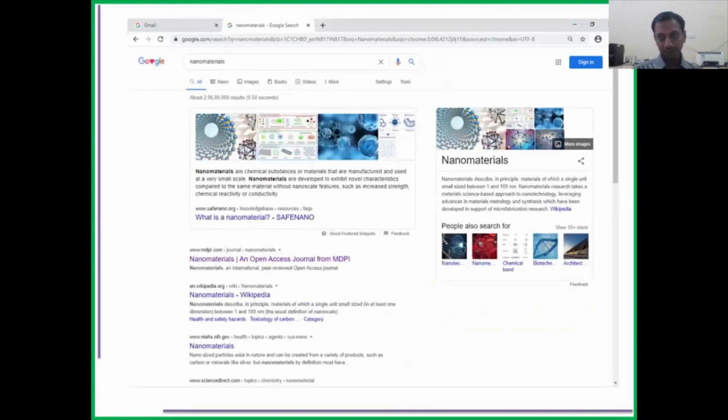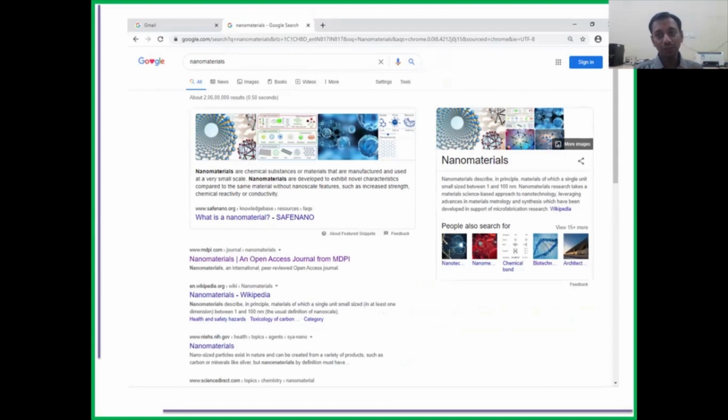Now I am going towards the nanomaterials. As we have seen many examples, it is a novel approach for heterogeneous catalysis. At the end of this nanomaterials information, we'll go again to catalysis in the same presentation.